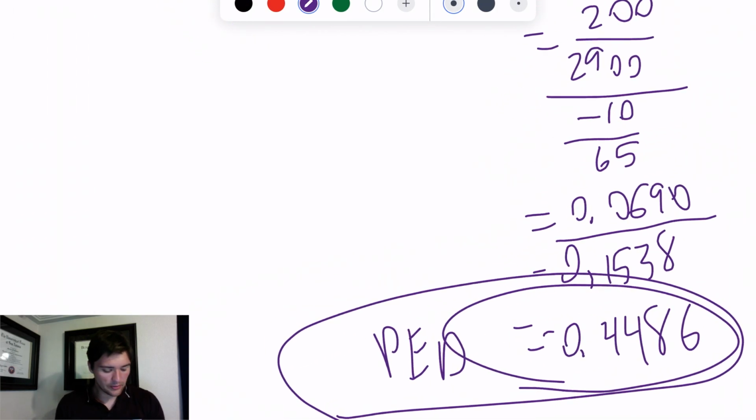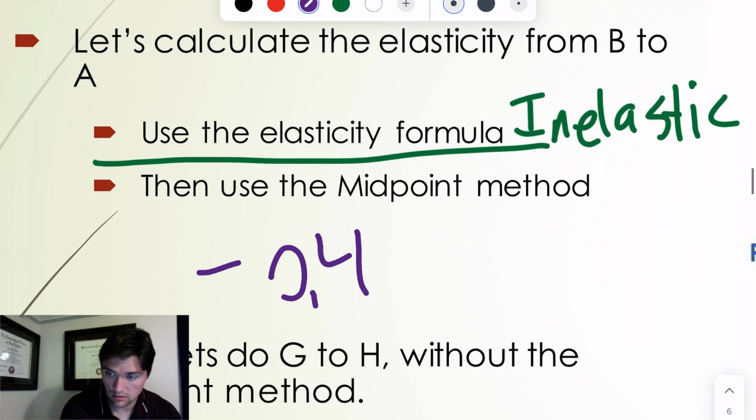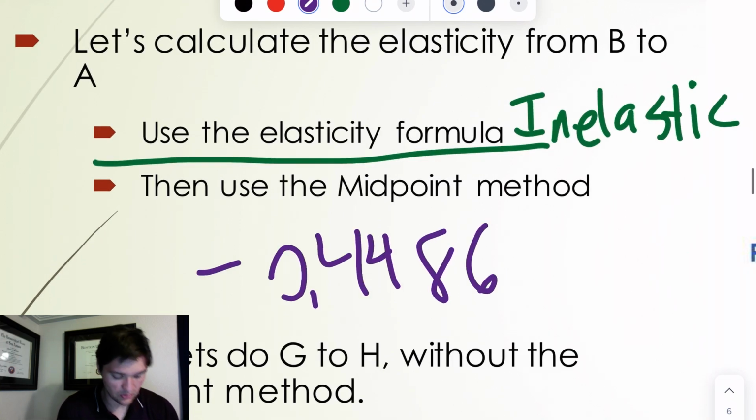And so see how we're getting 2 different answers here. One 0.5, one 0.4486. If you were to go from A to B, so flip it around, you would get a different number than 0.5.